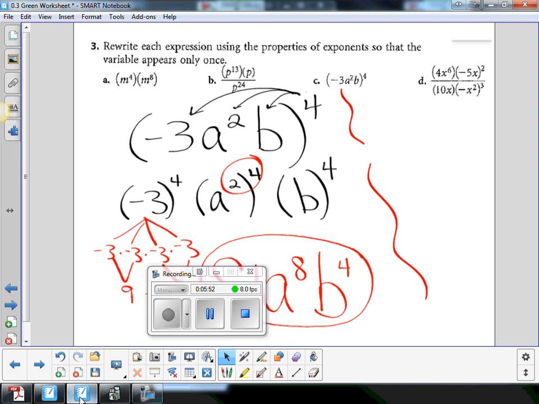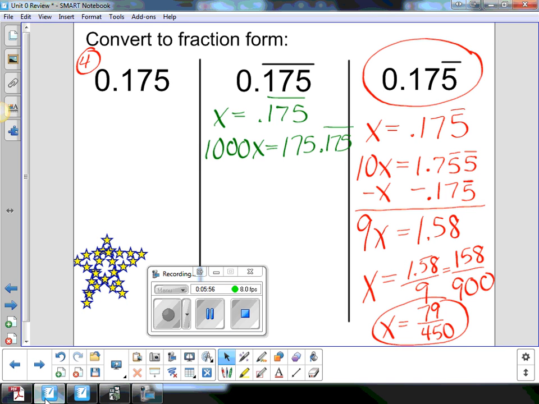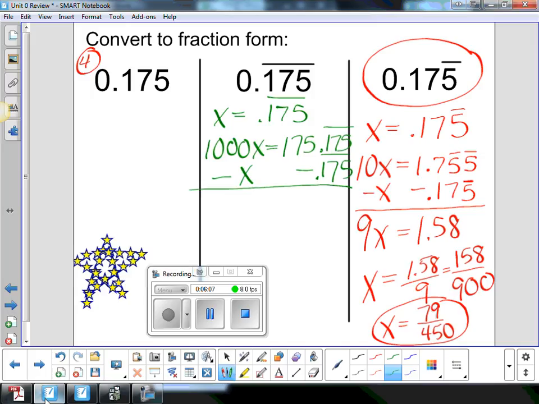I'm going to finish up this problem now by doing the middle problem in green. In this case, we take away the 1x from the left, while you take away the 0.175 repeating on the right. And these problems are a little cleaner, because the 0.175 completely matches up, right? Everything here is going to cancel.